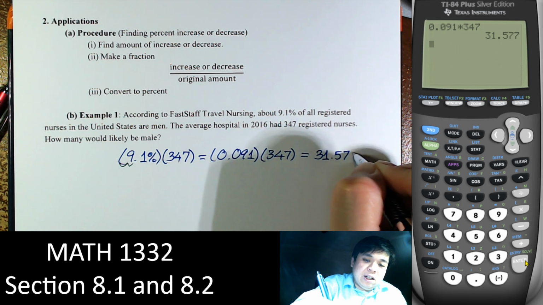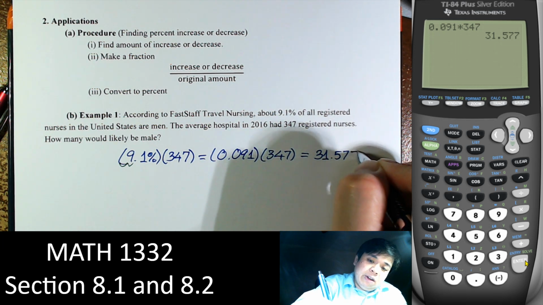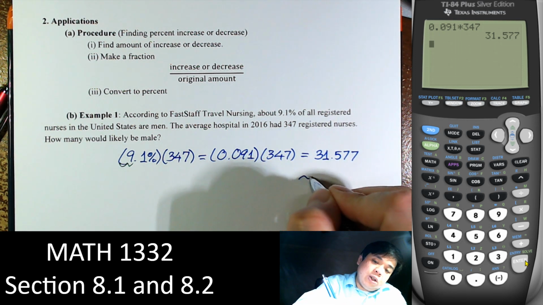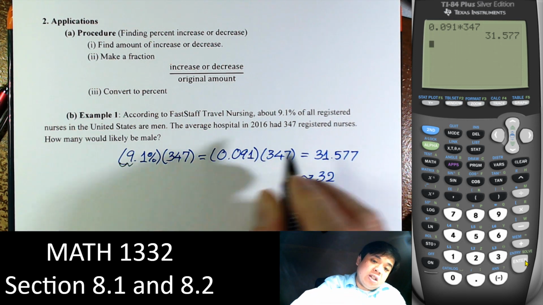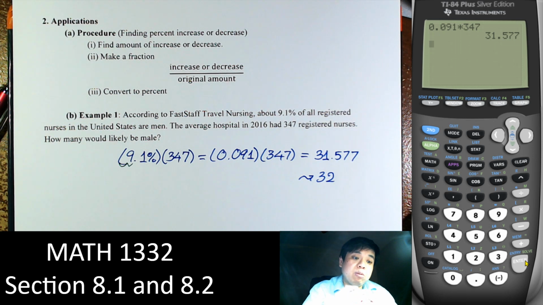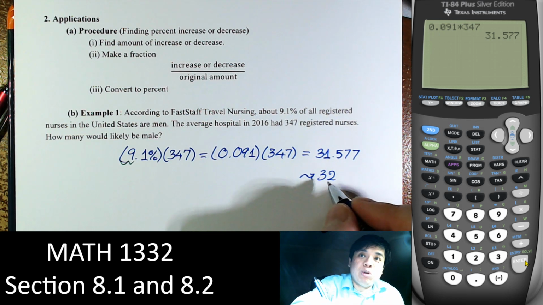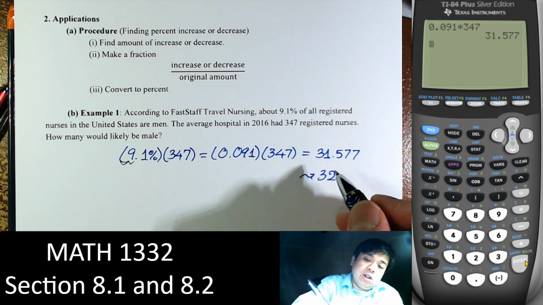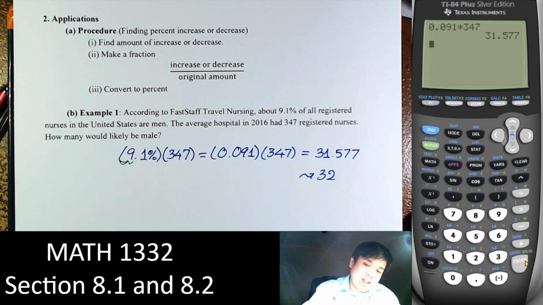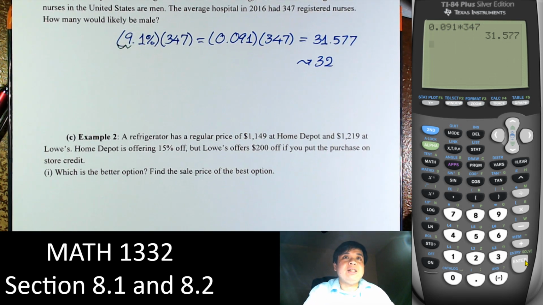That gives $31.577. So we just round that to 32, because this is how many of them will likely be male. So we just round to the nearest integer. So 32. Right.